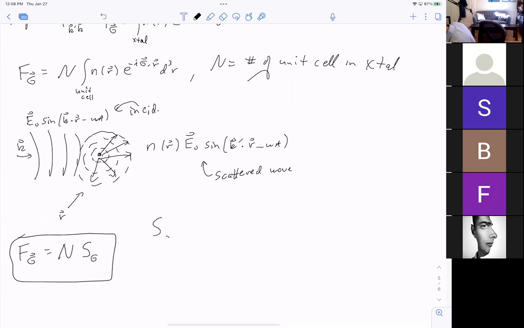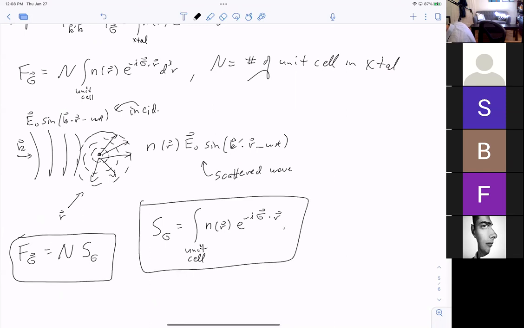Where the structure factor S of G is equal to the integral of n of R over the unit cell, e to the minus i G dot R. So immediately you can see that S of G gives the intensity of the beam at G.